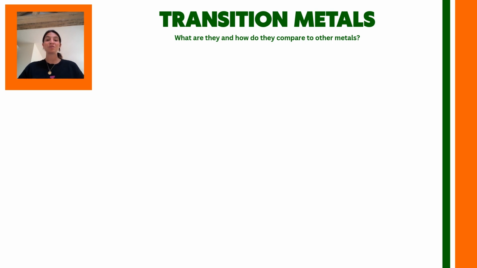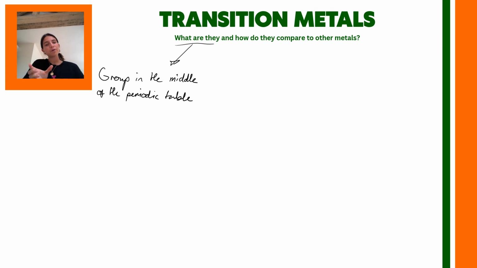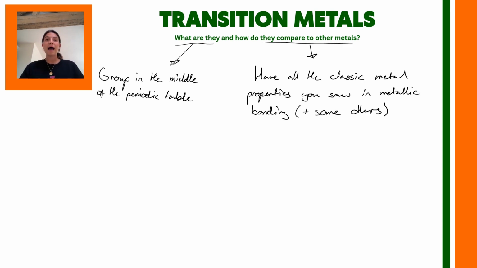Okay, transition metals. What are they and how do they compare to other metals? They're that group of metals in the middle of the periodic table, and they have a lot of the classical metal properties that you saw in metallic bonding, but they also have some unique properties as well.